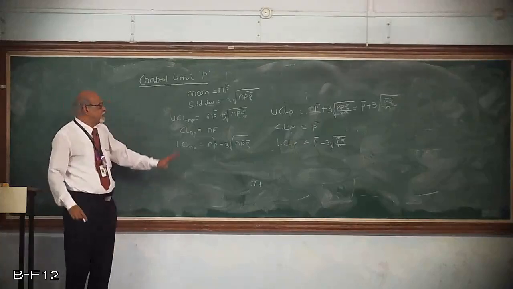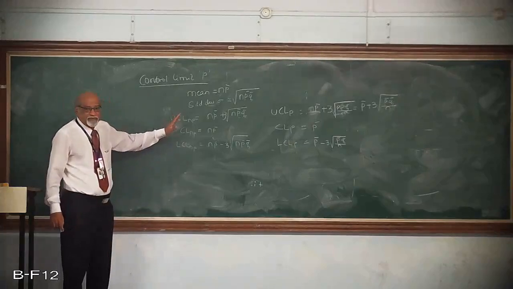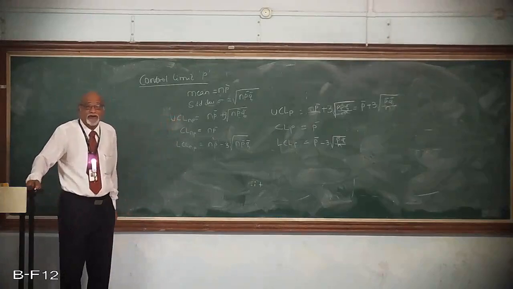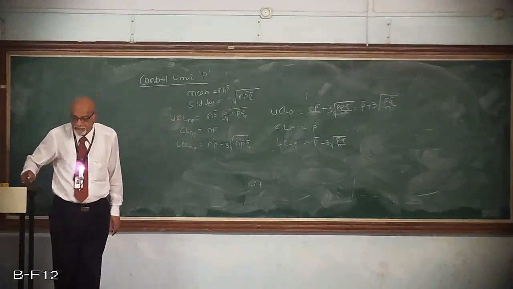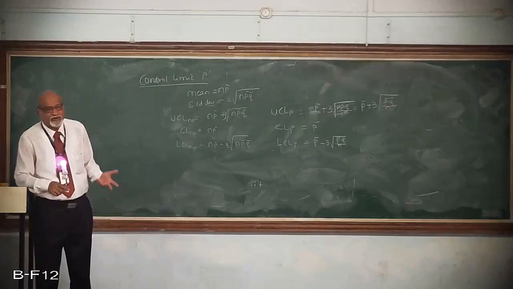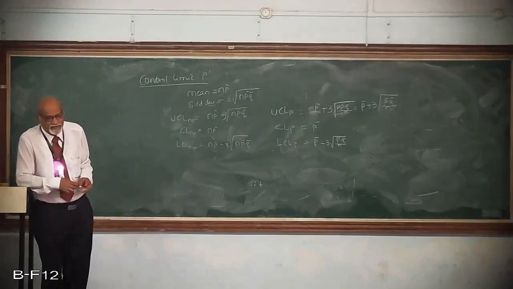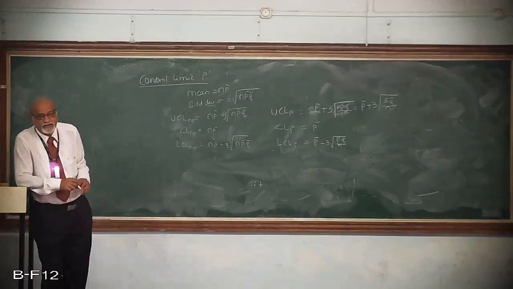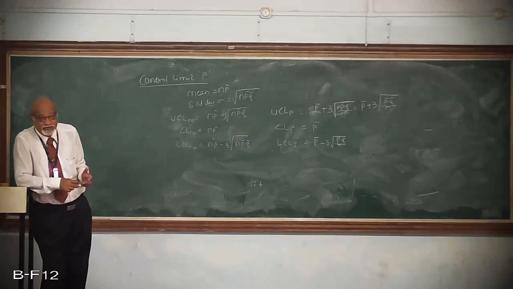For example, whatever sample I take will go on varying. It is not necessarily fixed, because the production rate sometimes increases and sometimes decreases. The sample may be a fraction or percentage of the actual items produced. For example, I take 20% of the items produced as the sample.